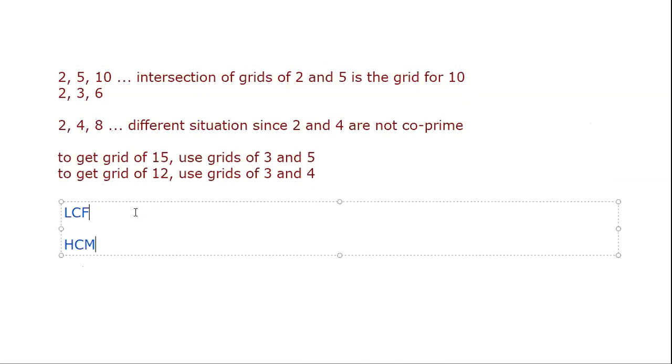So this is lowest common factor. Why don't we talk about the lowest common factor? We talk about the highest common factor. Why don't we talk about the lowest common factor?